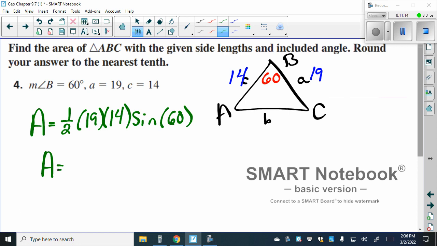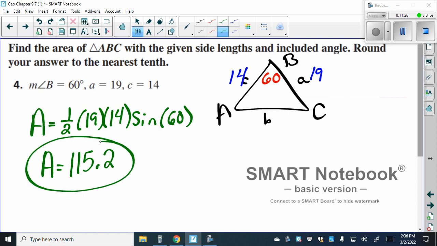And again, at this point here, we can just type this straight into the calculator, and it would give us, what is it? 115.2. And that's it. That's all I have to do.